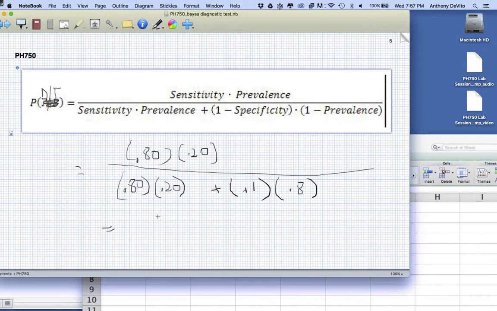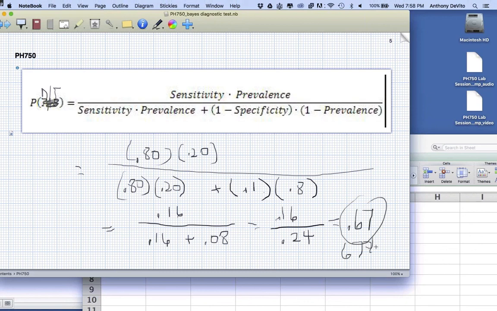That's 0.16 over 0.16 plus 0.1 times 0.8, which is 0.08. That is going to be equal to 0.16 over 0.24. What's that equal to? 0.67, right? 67%. Guys, remember what we got for the prevalence before?